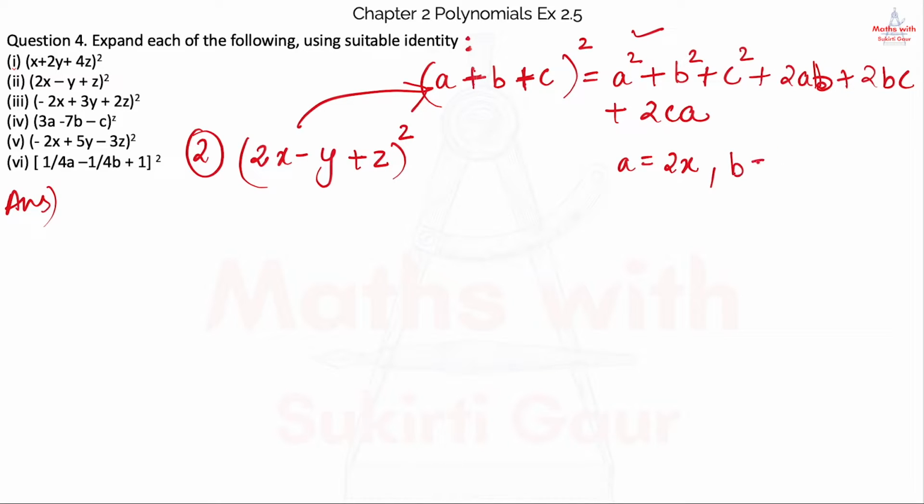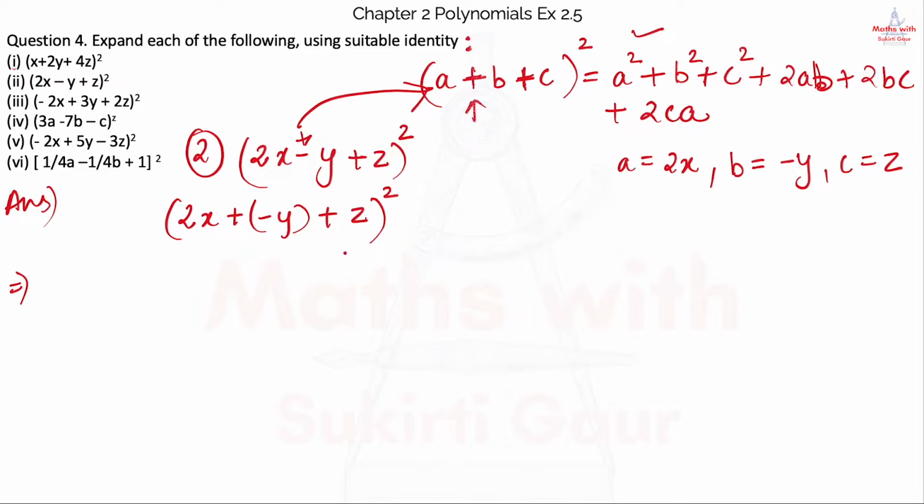I can write b as, now here what is the problem? Instead of plus we are getting minus here. So to convert it to the general form (a + b + c) whole square, we are going to write it as 2x plus (minus y) in bracket plus z as it is, because that is not giving us any problem. b will be minus y and c will be z.